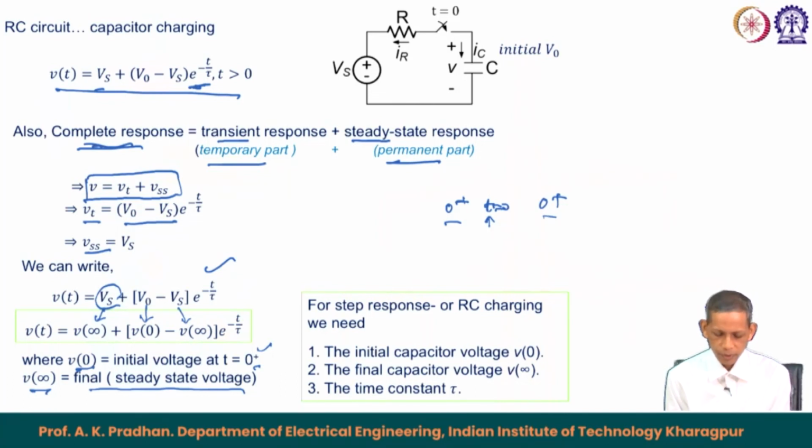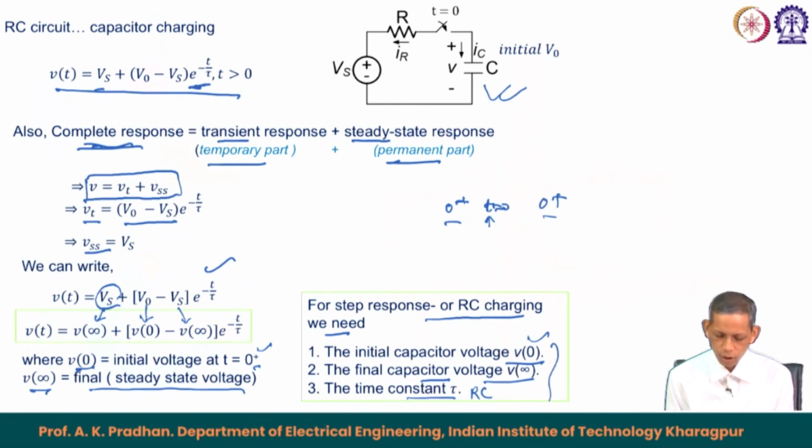So for the final response of the RC charging circuit, we can find the solution by using three terms: first, the initial voltage V naught; second, the final capacitor voltage V infinity, if it is known to us; and third, the time constant RC of the combination.